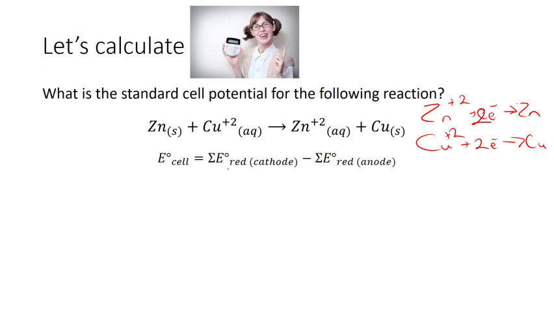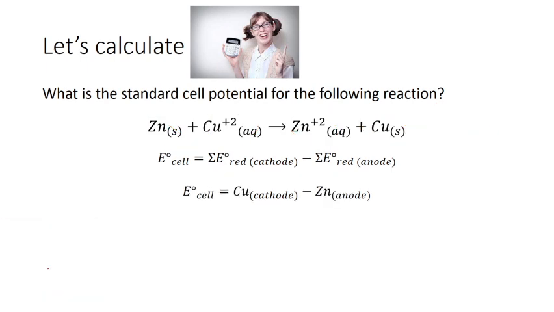Remember that the cathode is where reduction takes place. If you look, we have copper plus 2 on this side, copper on that side. So in this particular scenario, copper is being reduced. Here in this equation, we have zinc and then zinc plus 2. Its charge has gone up. It's being oxidized. It is the anode reaction.